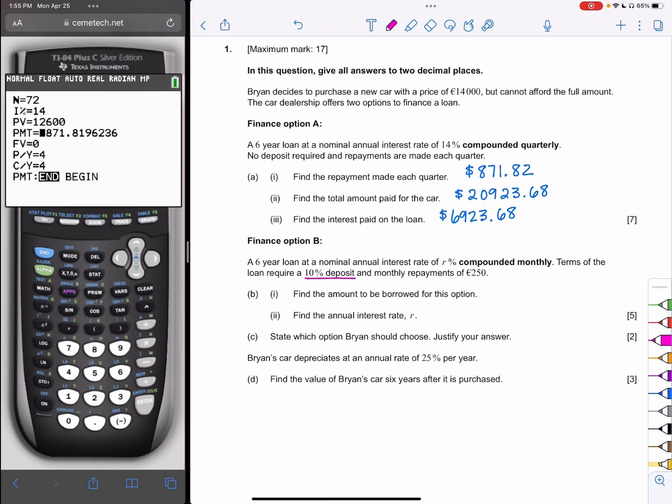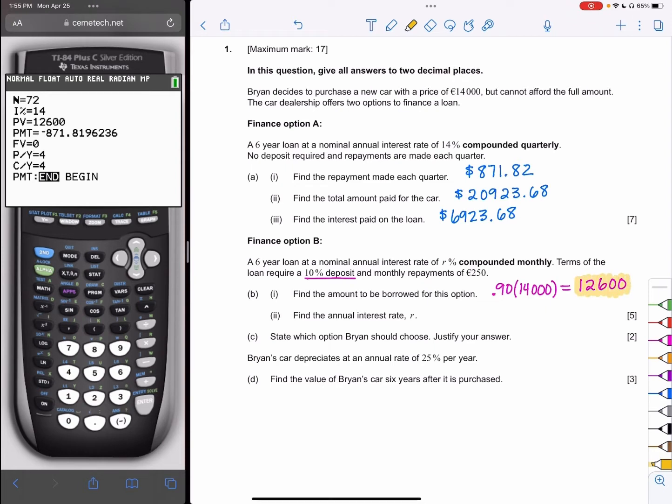That's how I can figure out how much is going to be borrowed, and that's how much is going to be financed here.